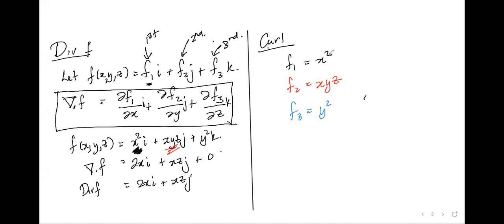So if we differentiate the third one with respect to z, you're going to get 0. Differentiate the second one with respect to y. When you differentiate y, you get 1. It is going to be equal to xz. And differentiate the first one with respect to x, that's just 2x.